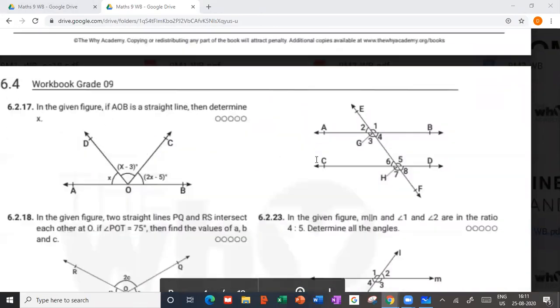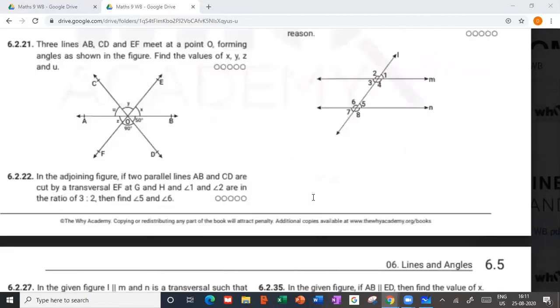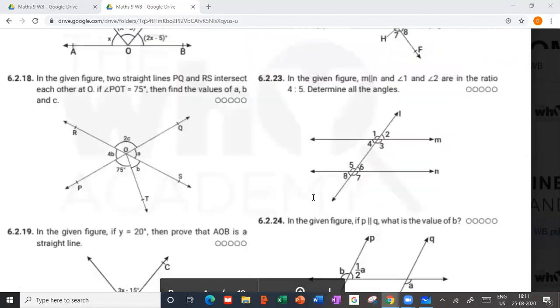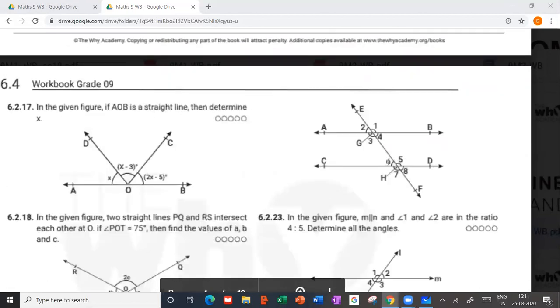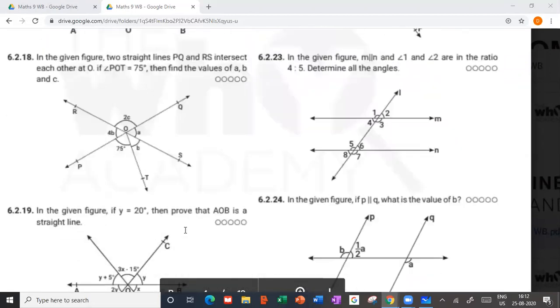That's all the catch in this question. Find angle 5 and angle 6, and they have given you 1 and 2.